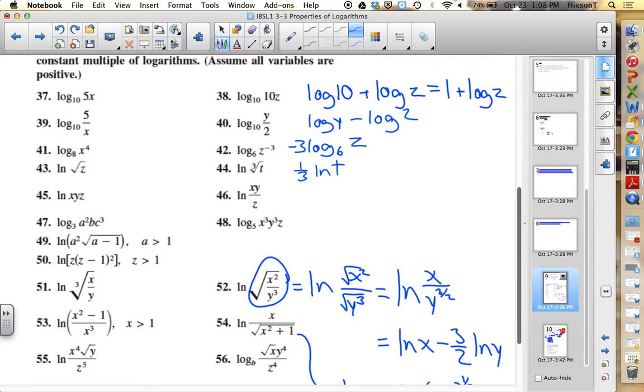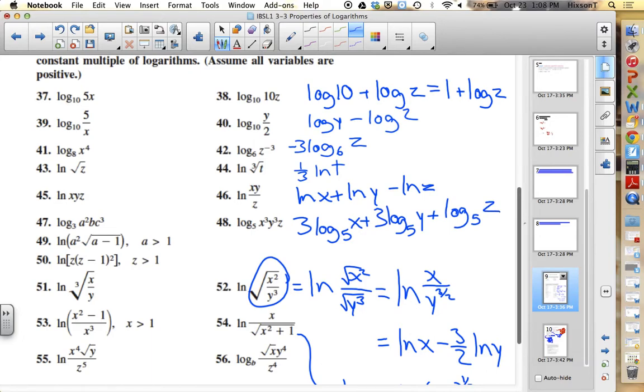And then 46, you have the natural log of x plus the natural log of y minus the natural log of z. Okay. And then number 48, you have 3 log base 5 of x plus 3 log base 5 of y plus log base 5 of z.